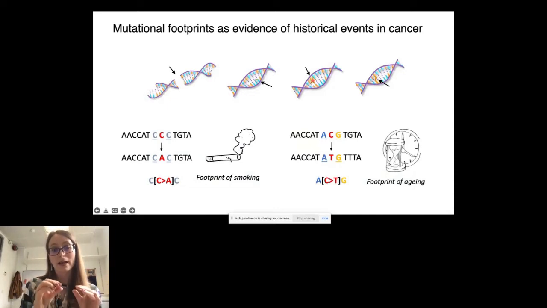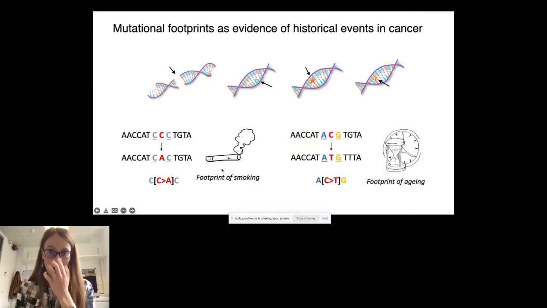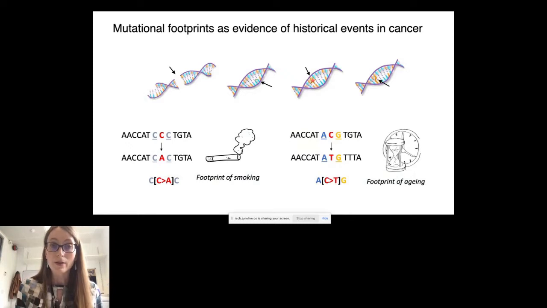And that means that the mutations that they induce in these genomes are not randomly distributed, but they are targeted at specific locations. So for instance, here on the left-hand side, I'm showing you a footprint of smoking. Smoking tends to induce C>A substitutions, but not just randomly again in the genome, but in a very specific context.